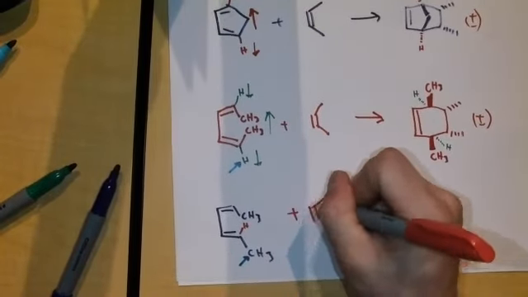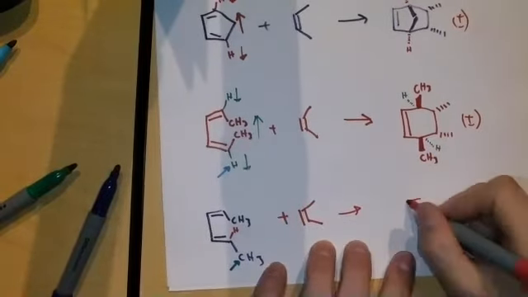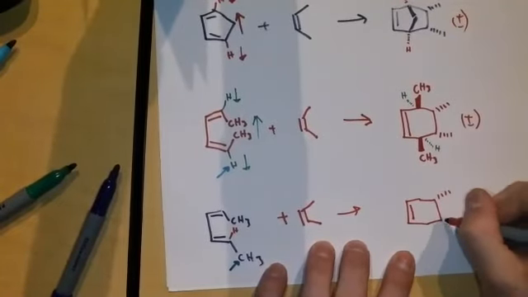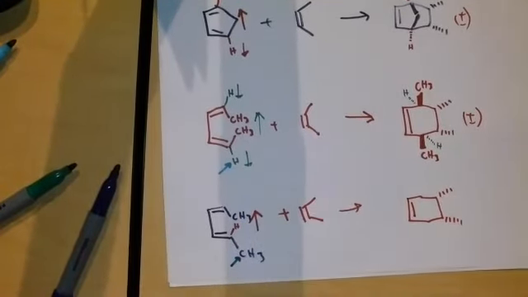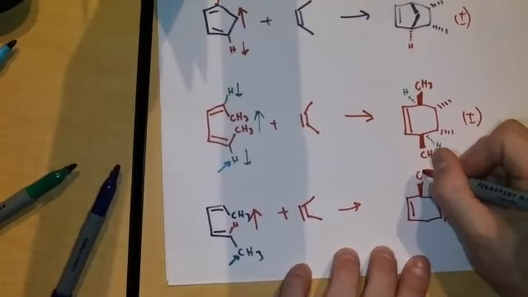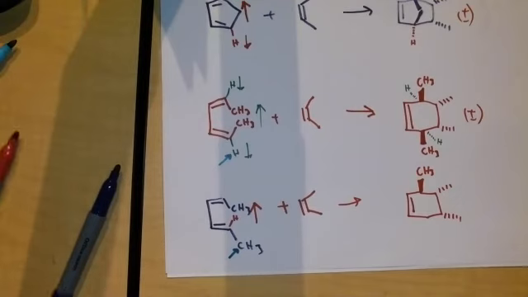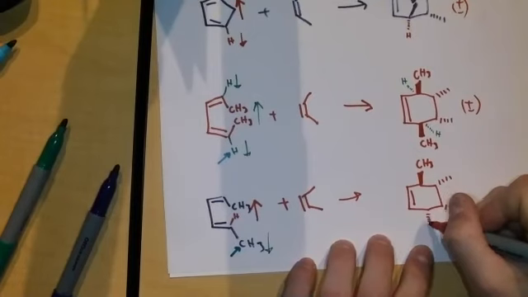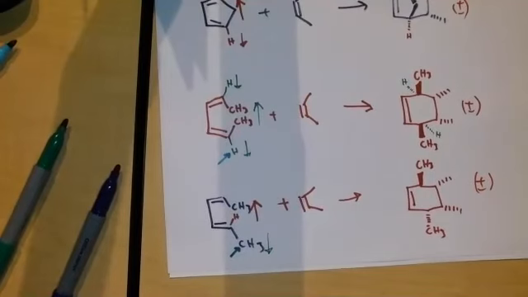When this does a Diels-Alder reaction, we're going to get our 6-membered ring. Oh, I keep saying 5. The CH3 that was in the middle is going to get pushed up. It's going to end up on a wedge. And then this other CH3 that's on the outside is going to get pushed downward, and it's going to end up as a dash here.